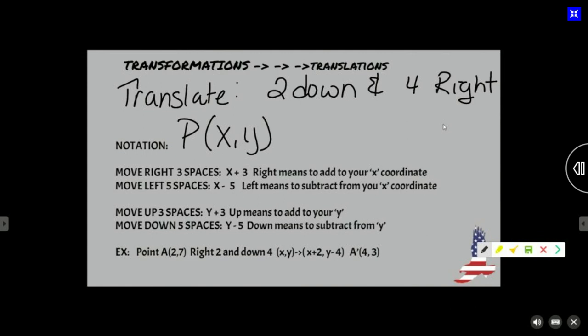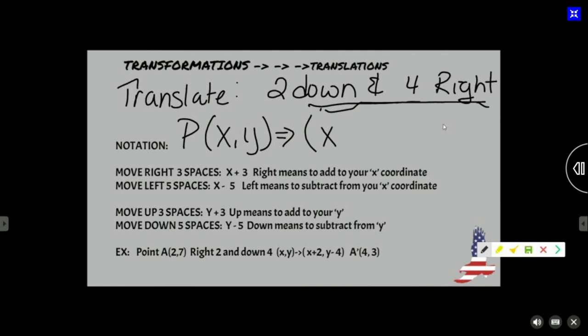Even though I swapped them around, even though I did down first, down still has to belong to the what axis? Still the Y axis. No matter what order this comes in, guys, up and down is always Y, left and right is always X, right? So I'm still going to write X. What am I going to do to X?